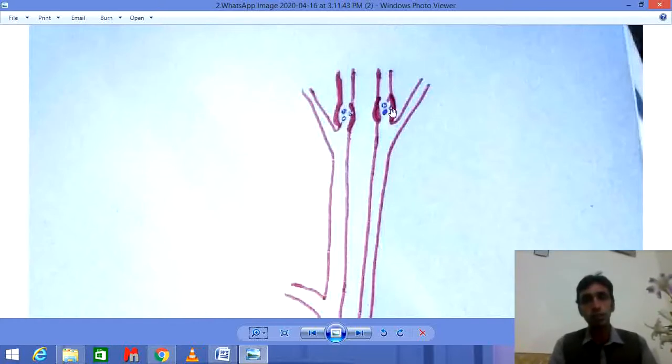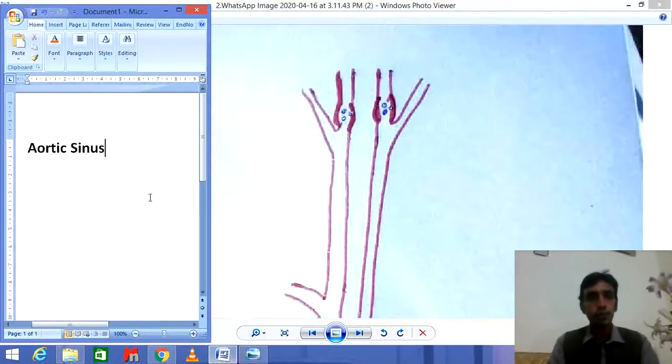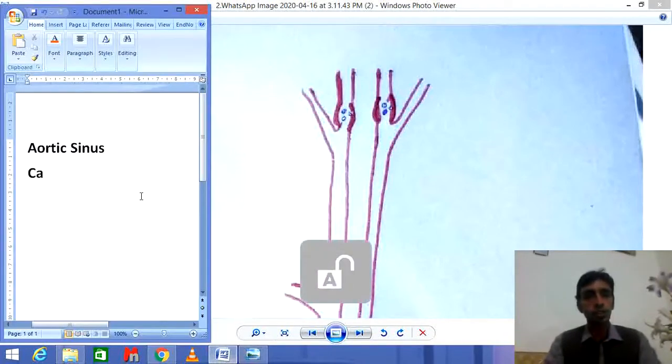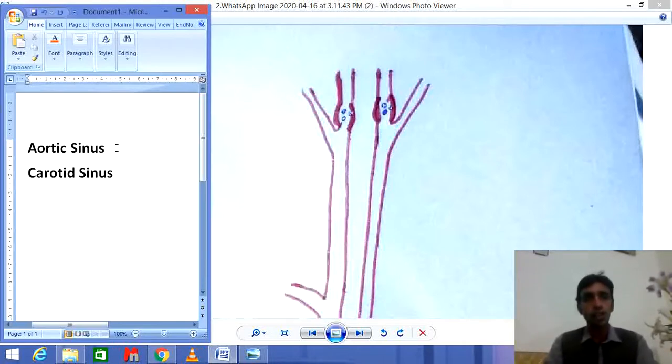This is the flattened part of the internal carotid artery. These two areas are called carotid sinus. So the aortic sinus is present on the aorta, and the carotid sinus is present on the carotid artery.